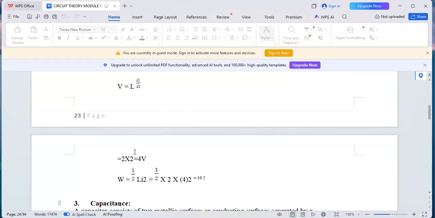Of course, Li squared over 2 is the same as 1 over 2 Li squared. It's the same thing. And we have the value of L to be 2.